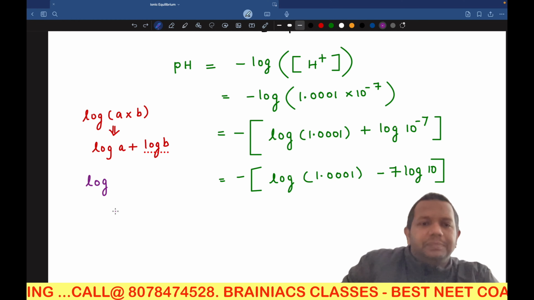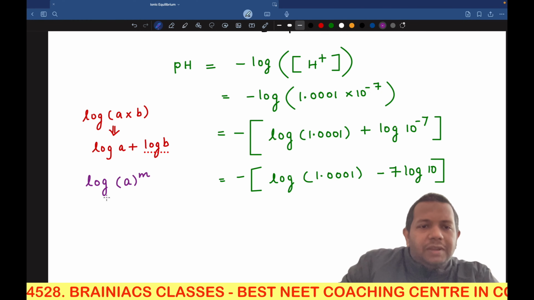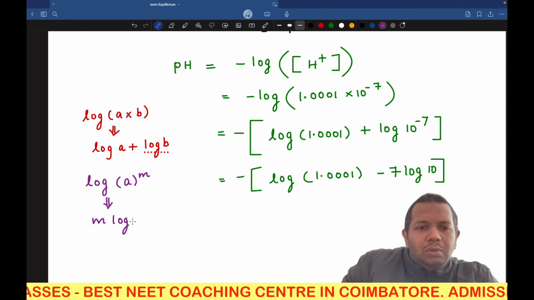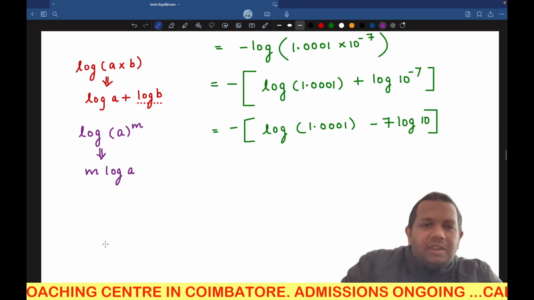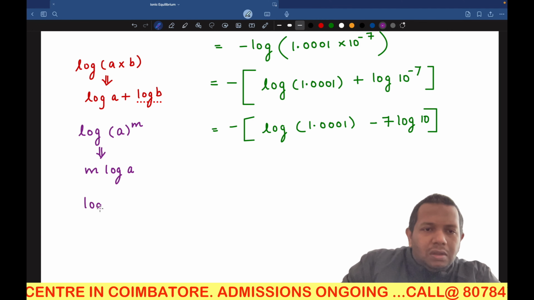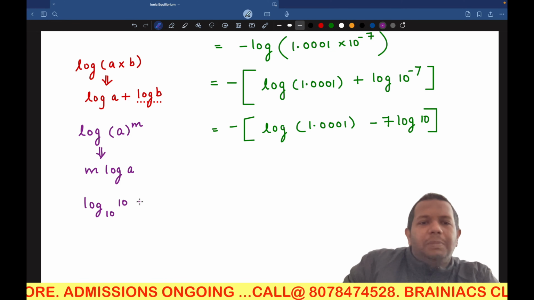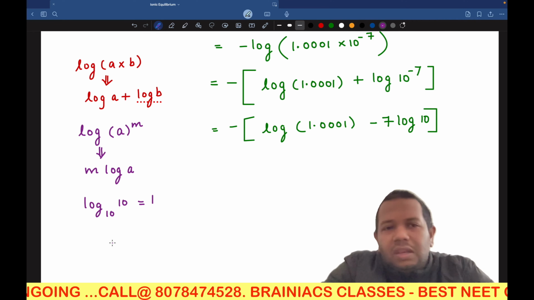Log a power m, so this can be written as m into log a. These are the two concepts. And always remember, whenever you have log 10 and this is also power is 10, log 10 to the base 10 is always 1. This also we need to use it regularly.